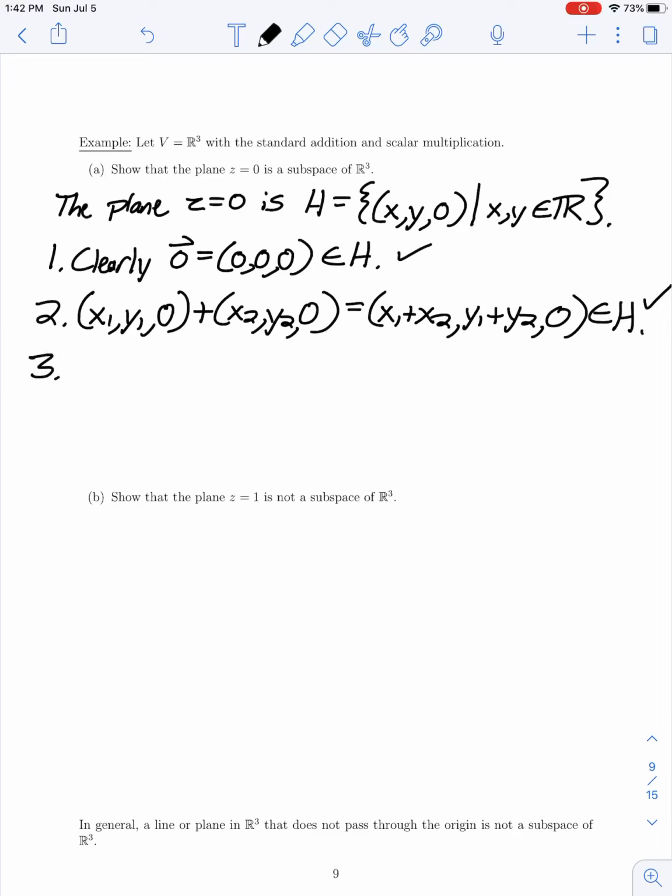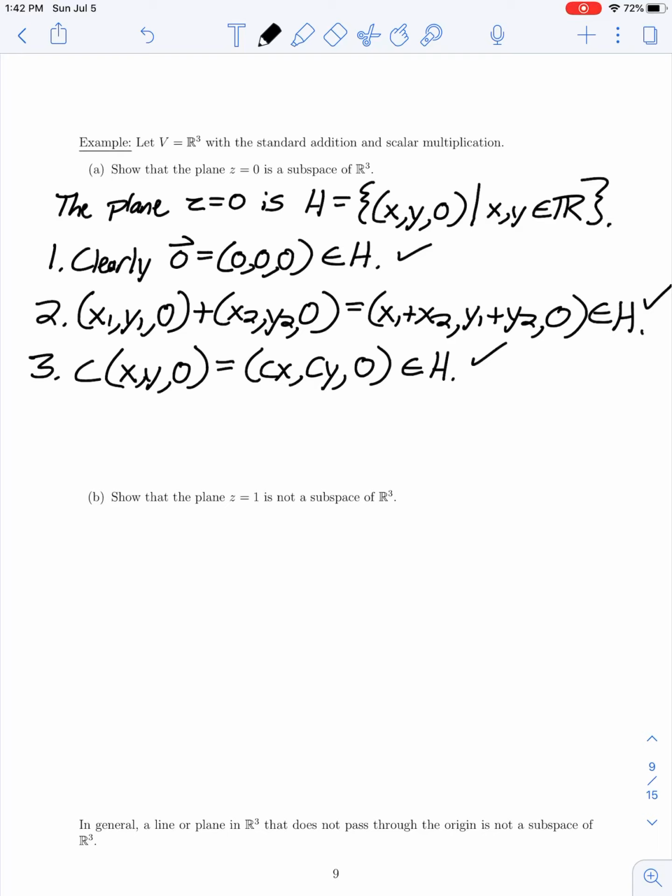And the last condition that we have to check is whether it's closed under scalar multiplication. If we take any scalar, let's call it c, and we multiply by any vector in this set H, something of the form (x, y, 0), we have the vector (cx, cy, 0), which is contained in H since the third coordinate of that vector is 0.